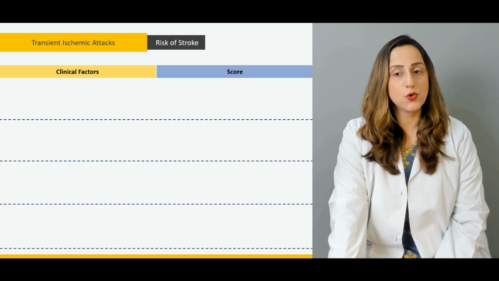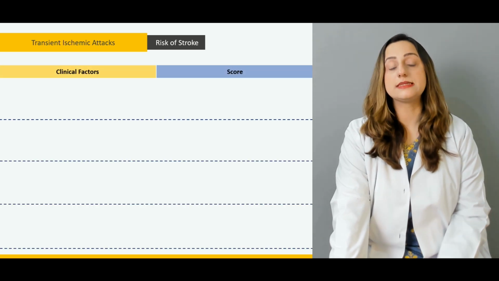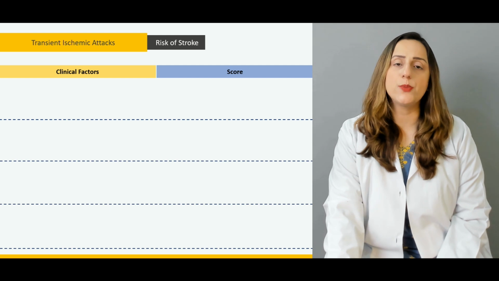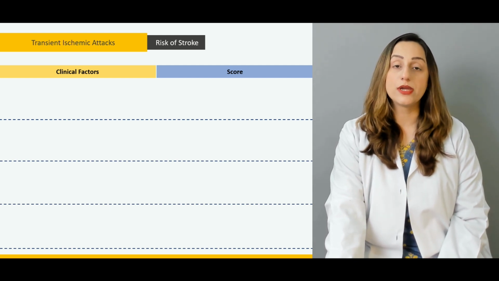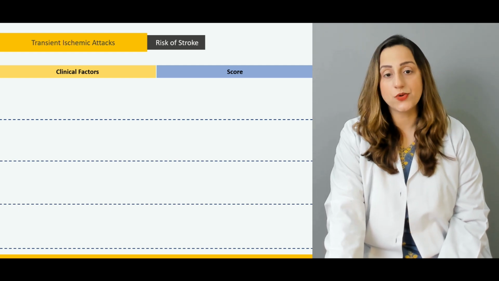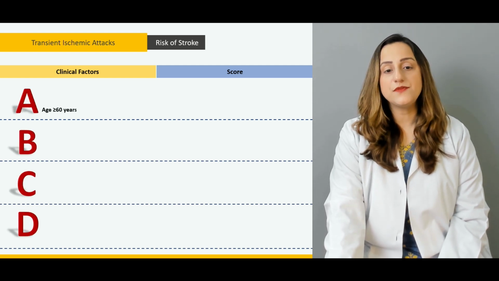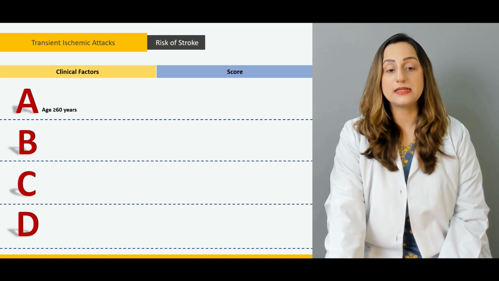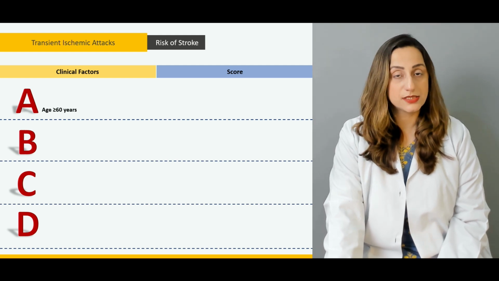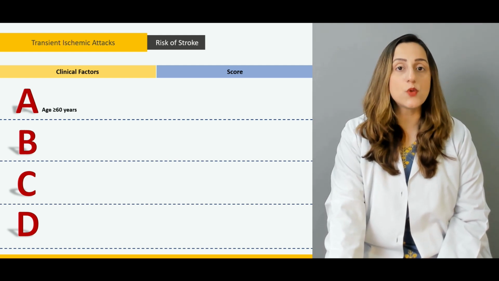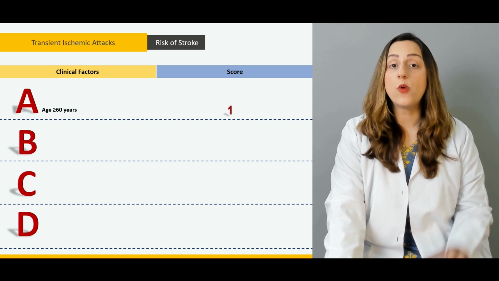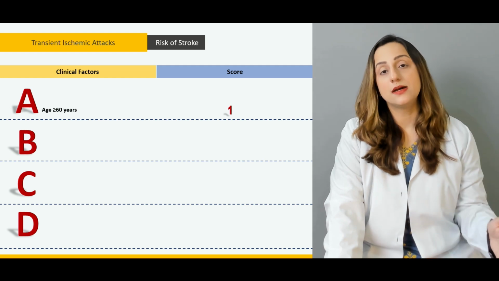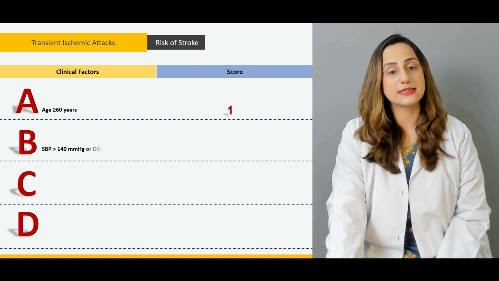The risk of stroke: what are the clinical factors and what is the scoring system? So we have devised the ABCD scoring system that is going to analyze the risk of stroke in individuals. We have these criteria. A is the age factor, which is very important. If the patient is more than 60 years of age, that is going to add 1 point in the scoring system.